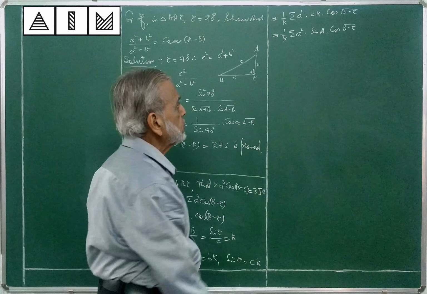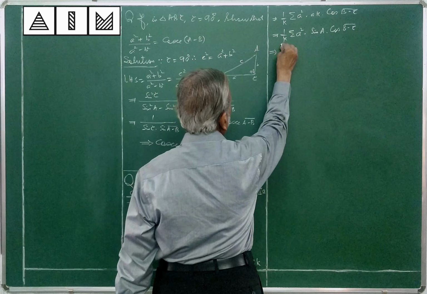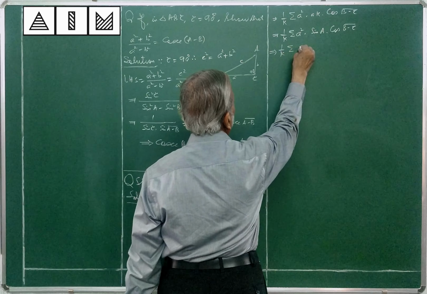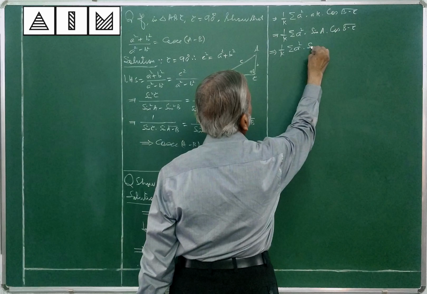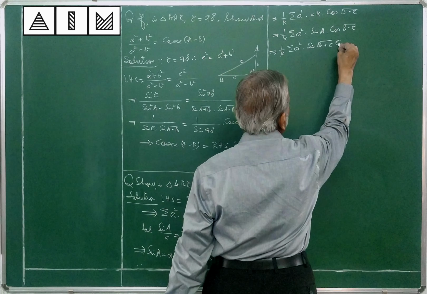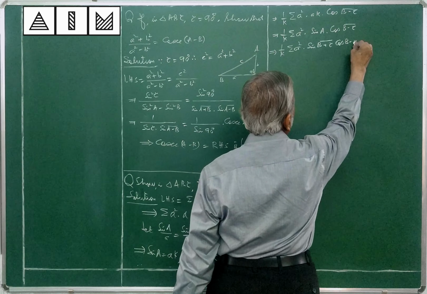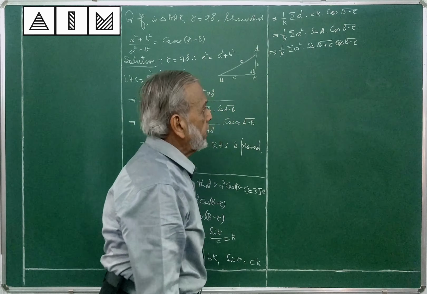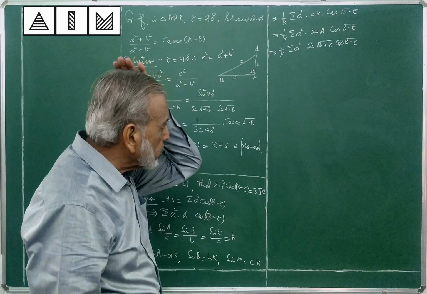And you know sin A is sin(B + C), cos(B − C). Sin A is sin(B + C), cos(B − C).